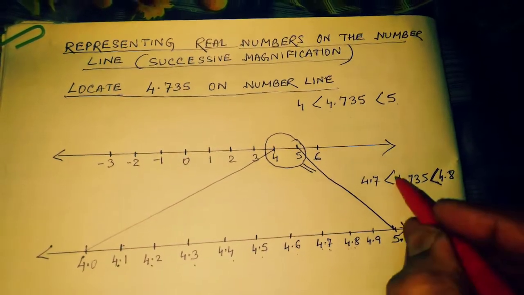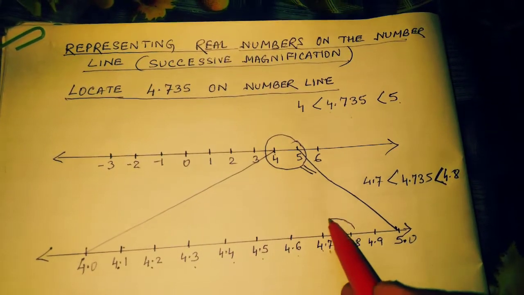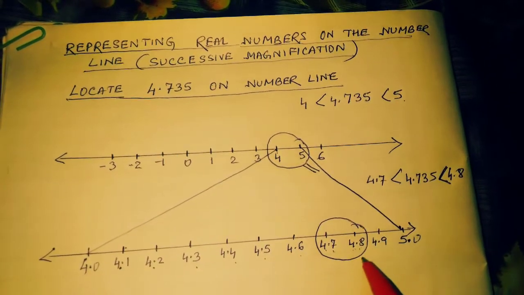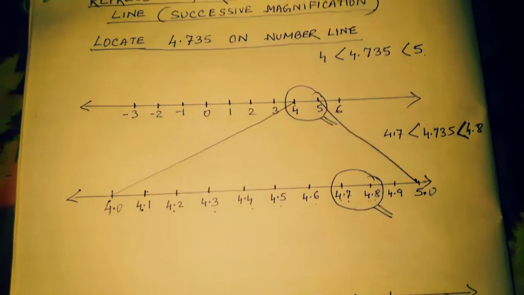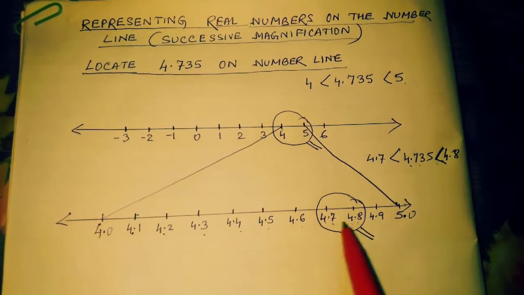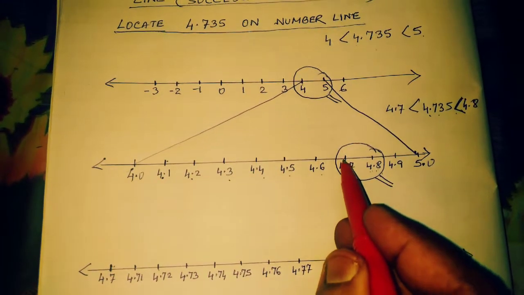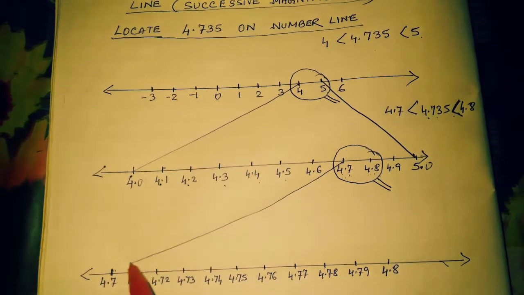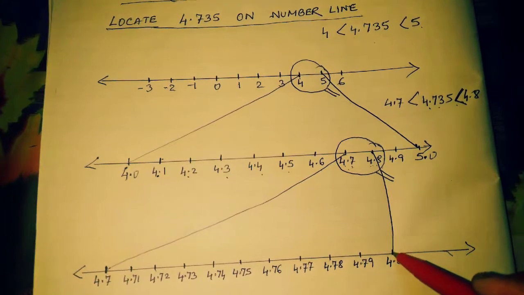This lies between 4.7 and 4.8. So for 4.7 and 4.8 you can again go to the magnifying glass. So this number 4.735 lies between these two. So again I have drawn another line over here on which it is 4.7 and this is 4.8.